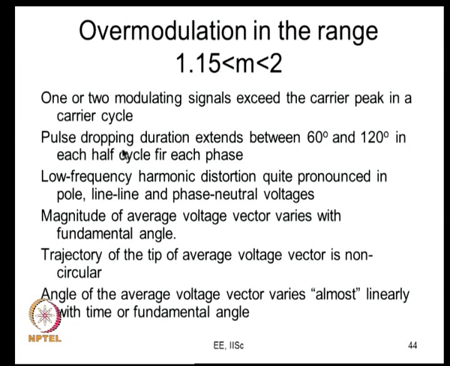So, this pulse dropping is there. Pulse dropping is for longer than 60 degree duration, but shorter than 120 degree duration. In fact, if m is 1.15 or 2 by root 3, your pulse dropping duration will be 60 degree for each phase in each half cycle. If m is equal to 2, you will see that the pulse dropping duration is 120 degree for each phase in each half cycle. This FIR must be FOR, you could correct it now.